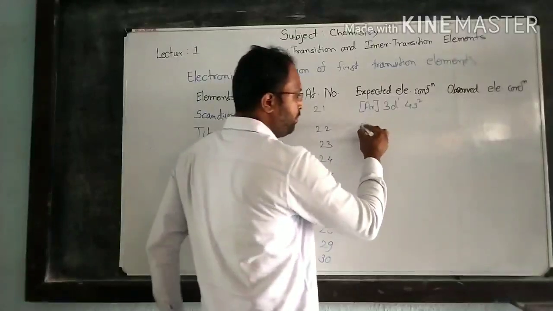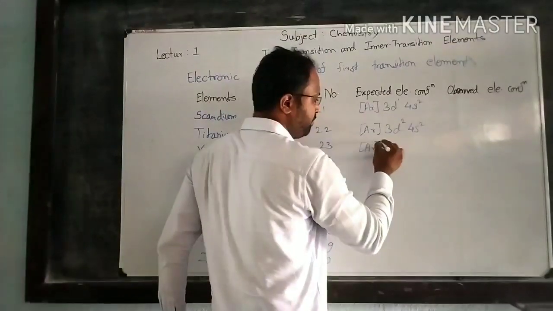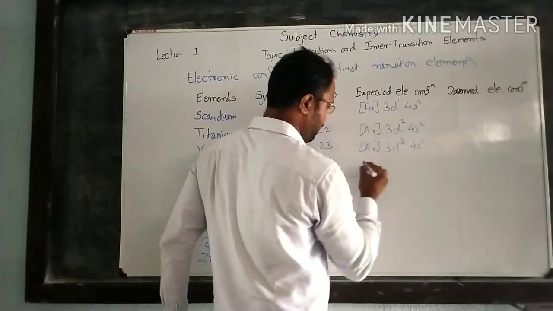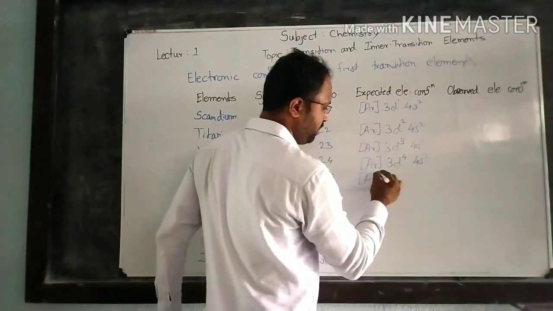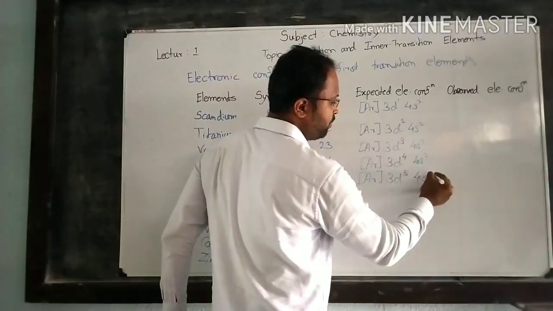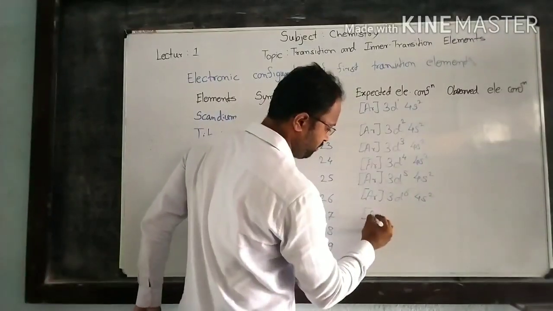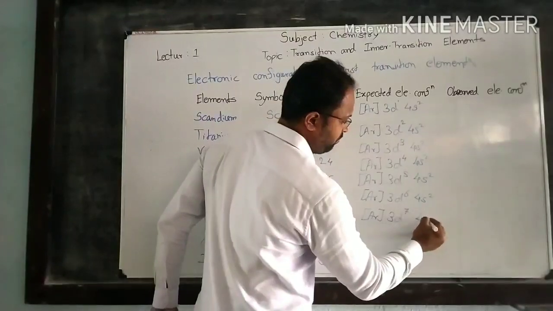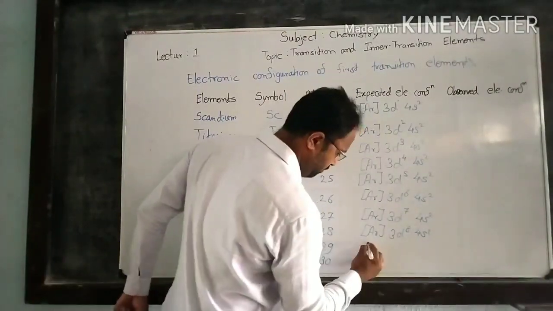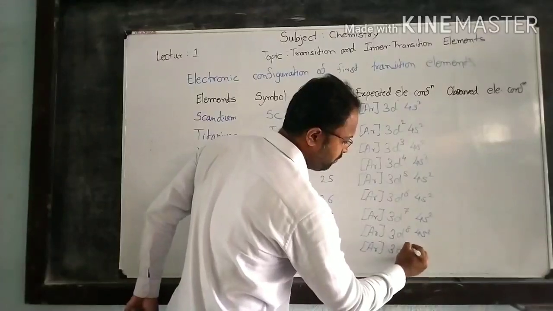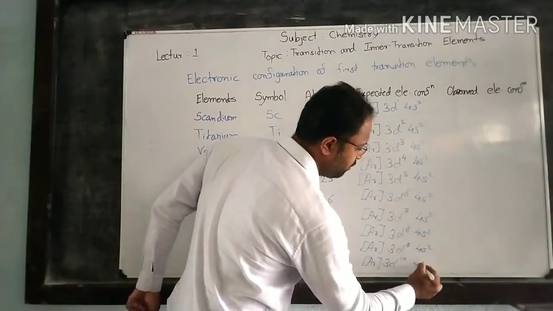The configurations become [Ar] 3d2 4s2, 3d3 4s2, 3d4 4s2, 3d5 4s2, 3d6 4s2, and so on, and finally 3d10 4s2.